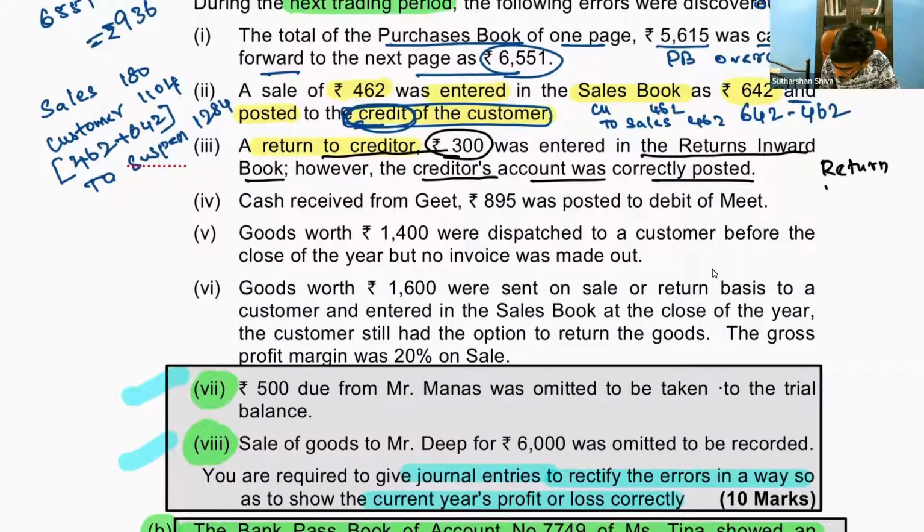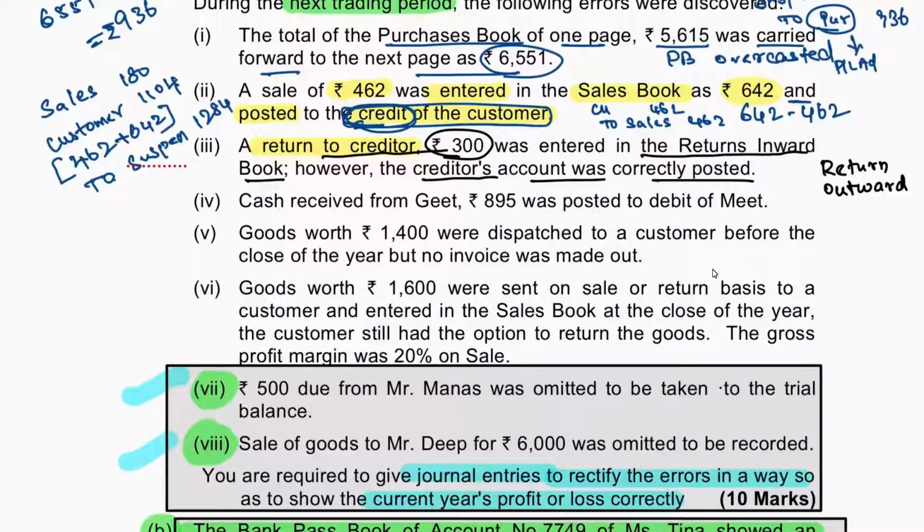What is the original entry for return outward? It means purchase return. Correct? Credit of the purchase return. 300 was entered in return inward book.